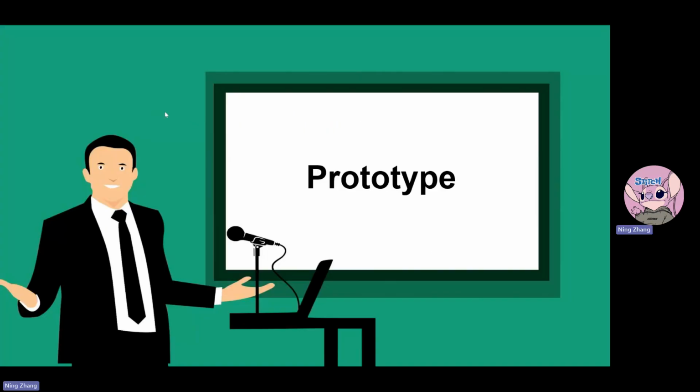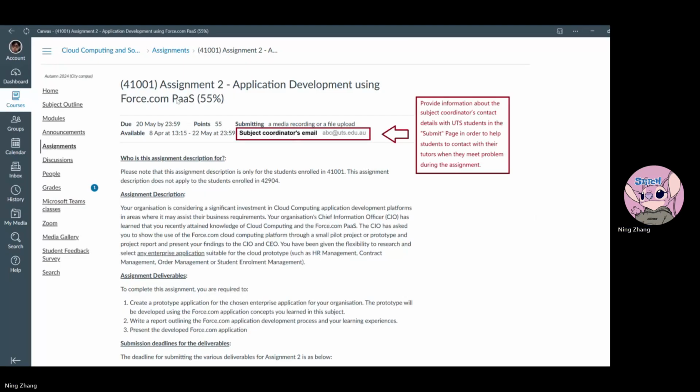Okay, here I will talk about the information in the submission post. I added the subject coordinator's contact details and provided information about the subject coordinator's contact details to UTS students on the submit page, in order to help students contact their tutors when they meet problems during the assignment.